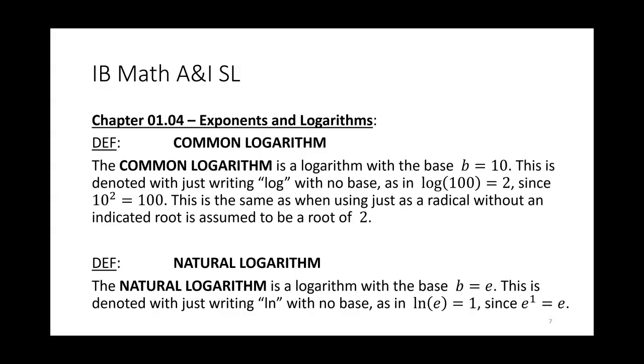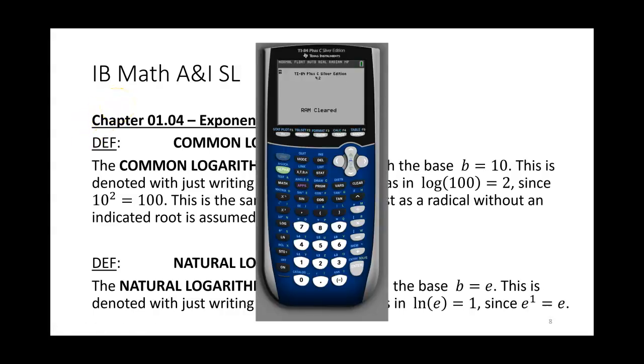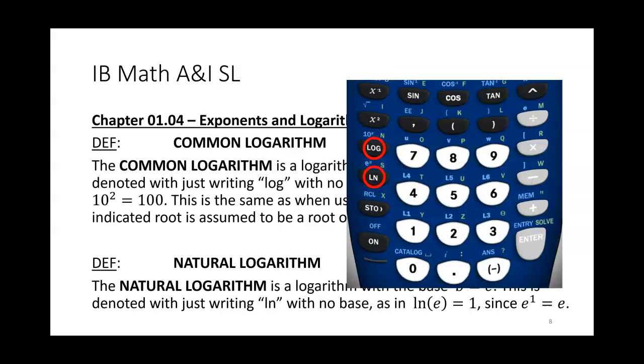We remember this from previous courses. I think you do this in Algebra 2 as well as pre-calculus, so it should be relatively fresh. On your graphing calculator, the log and natural log buttons are on the left-hand side. Probably already knew that.